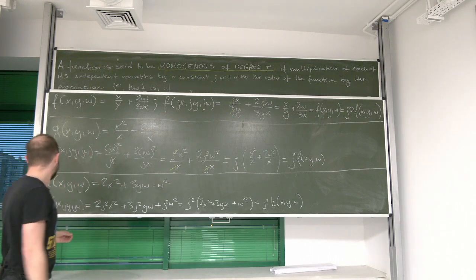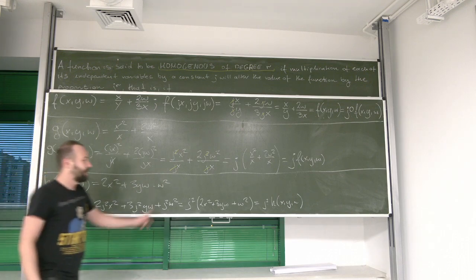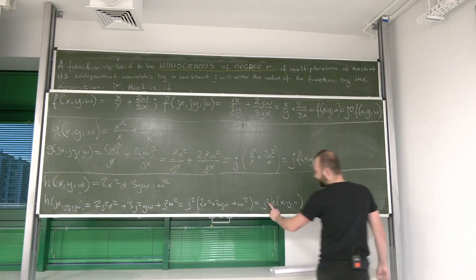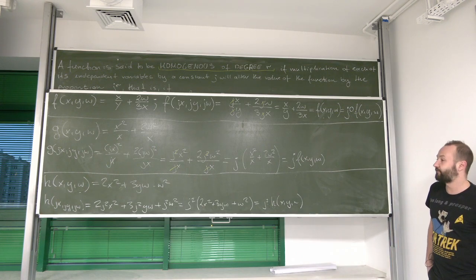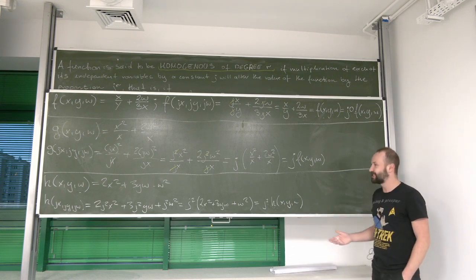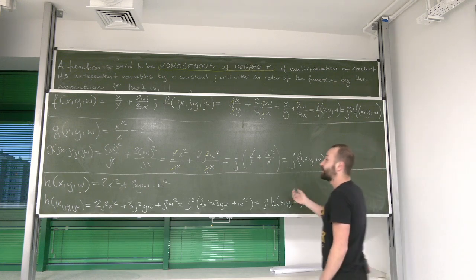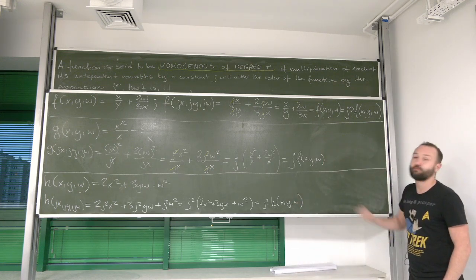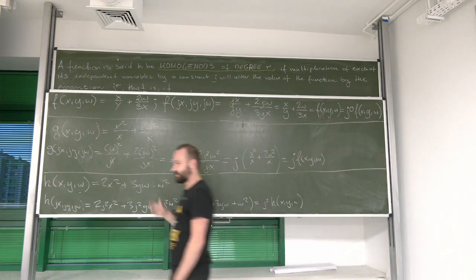Because if this were a production function, it would mean that if I double the labor, double the capital and double the land, I will actually have 4 times as much production, right? A very unrealistic scenario of increasing returns to scale. However, still mathematically possible.